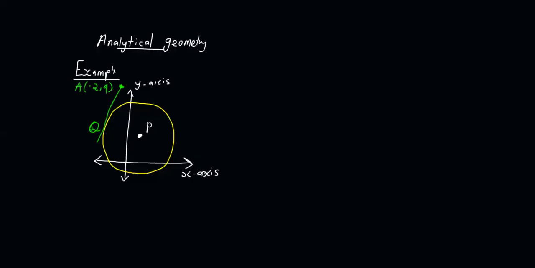That's very correct. For a circle to be centered at the origin, the coordinates of the center must be 0 and 0. But with regards to the question that I've just asked, this circle is not centered at the origin. Hence, the coordinates of the center are not going to be 0 and 0.